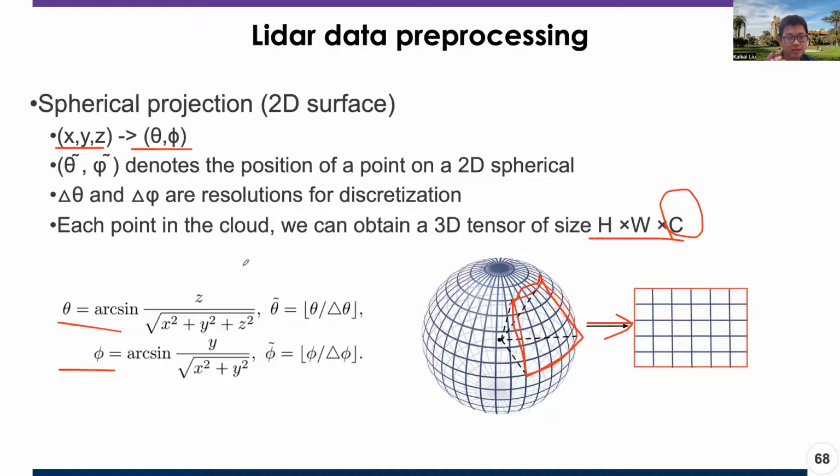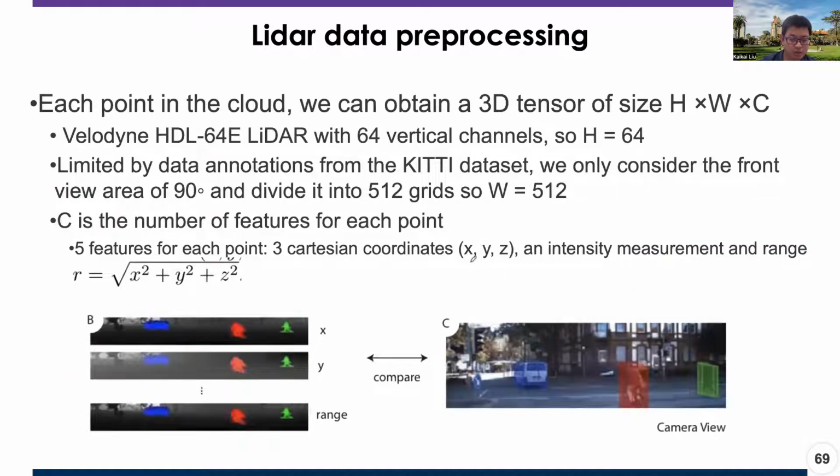So for this LiDAR data, to avoid information loss, you also need to add some additional features into the channel C. X, Y, Z can convert to H and W, but then you can add some additional information into the channel C. Maybe you can simply add the X, Y, Z coordinate as the feature for each point. You also add the intensity, the LiDAR reflection: each point has an intensity, whether it is strong or weak.